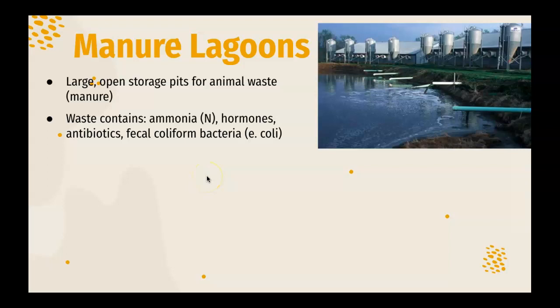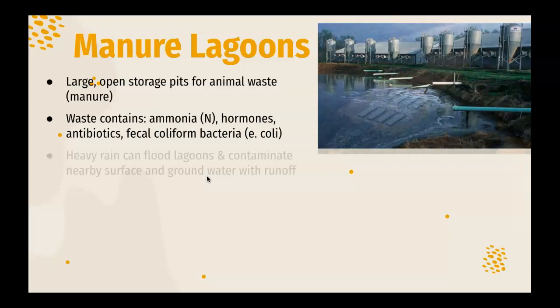It contains any hormones that you've fed them, growth hormones. It contains the antibiotics because the body doesn't process all of the antibiotics, so some leaves through waste products. And then it also contains fecal coliform bacteria, which you may associate more with something called E. coli, which is not good for humans.